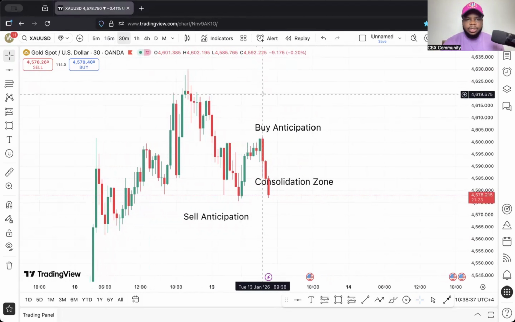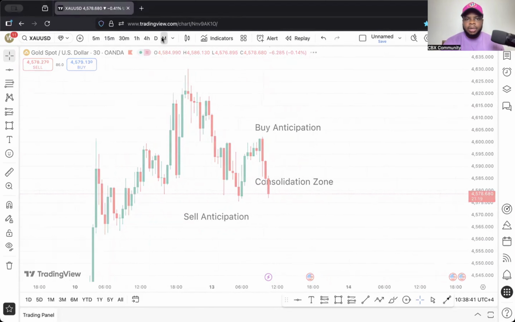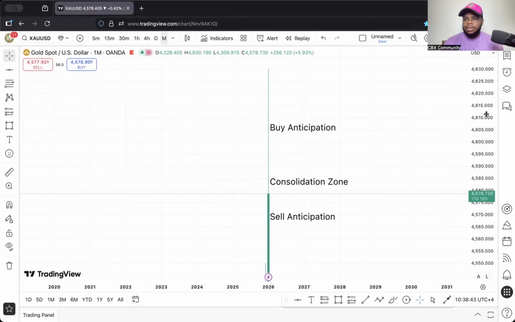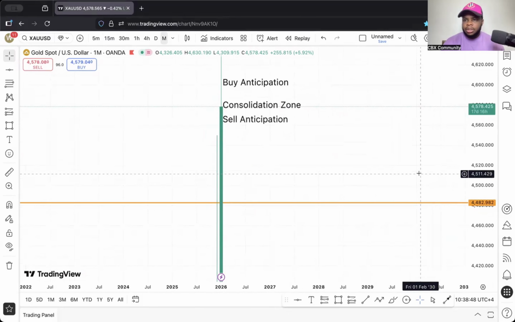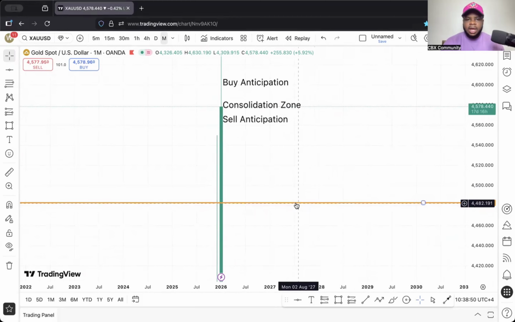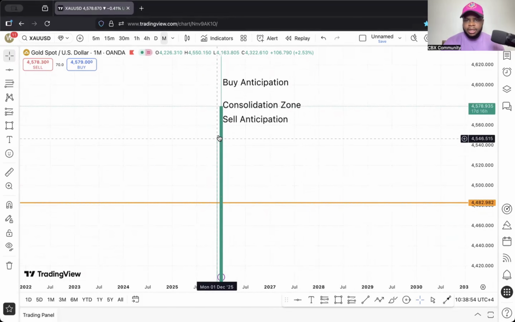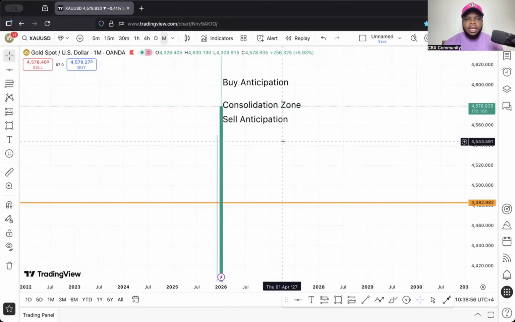So looking at the condition of the market structure, let's go to the month market condition. As of yesterday, this line was somewhere here, because yesterday the candle created a new all-time high on gold.